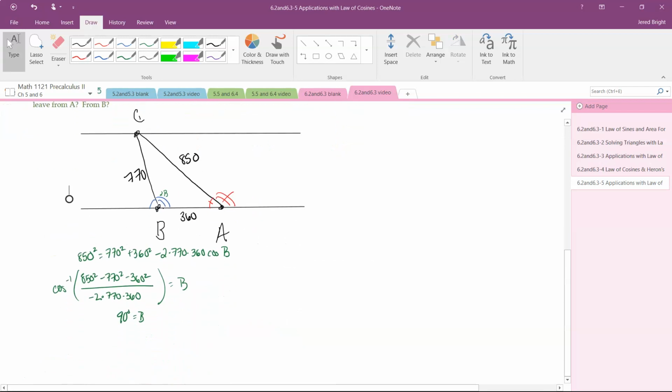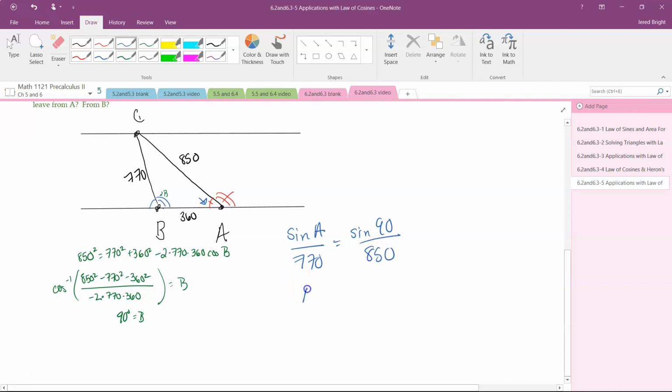in the spirit of using law of sines and cosines, we know that angle B here would be 90 degrees, and then for angle A, we can do law of sines to get this angle in here. Okay, so I'm going to call this angle A, right? So law of sines, I do sine of A over 770 is equal to sine of 90, which is 1, over 850.